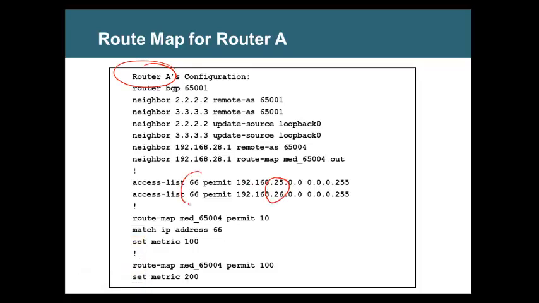You have set 100 for 25, 26. For the other networks, you have put 200. What is the other network? The only other network is which one? 24. So 24, even though you don't have an access list, it will get 200. Did you understand?